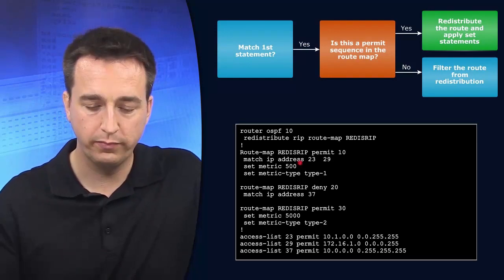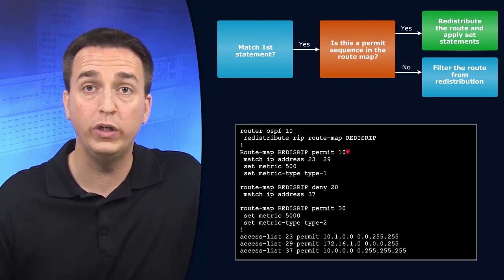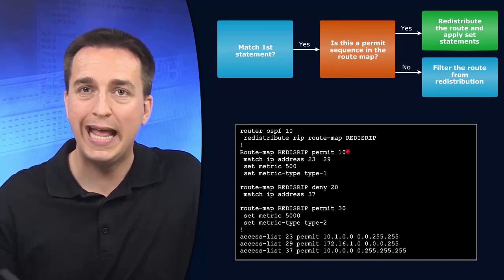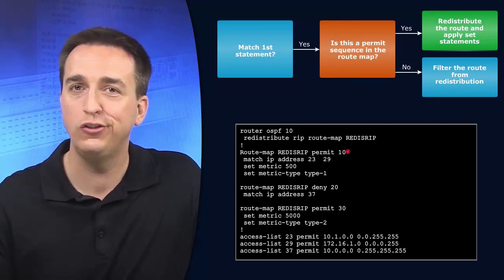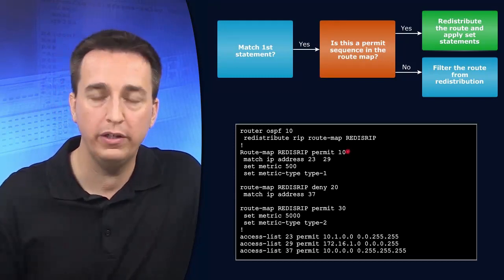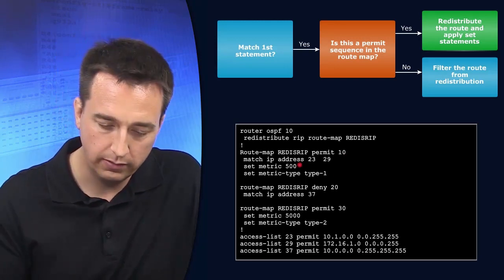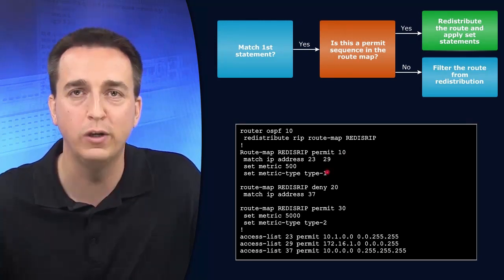Here's what it is. Sequence number 10 is going to redistribute those routes that match access control list 23 or 29, and when they are redistributed, they will have a metric set to 500 and a metric type set to E1.